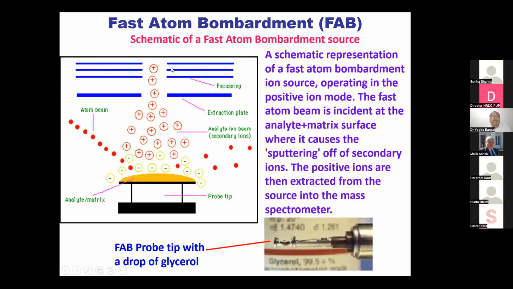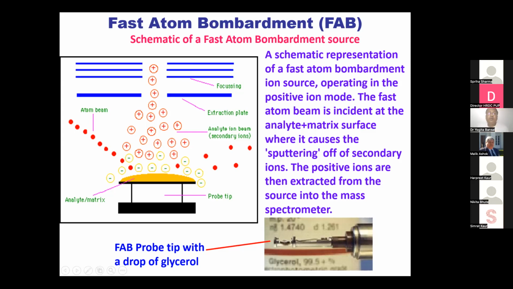Now, if we want to analyze positively charged ions, then we will maintain these focusing plates at negative potential, increasing negative potential: low negative, high negative, still high negative, and the maximum negative potential, so that positively charged ions are attracted towards the negative plates and deflected from the probe. And if we want to analyze negatively charged ions, then we have to maintain them at positive potential.